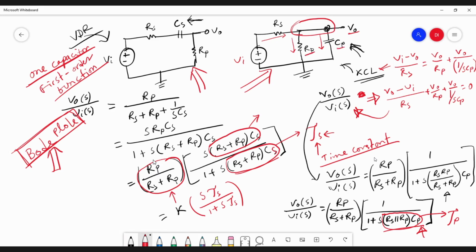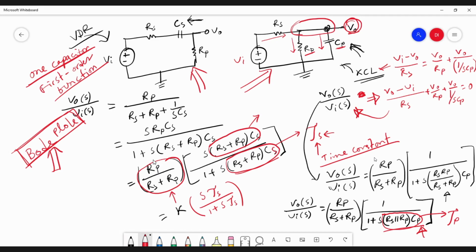V0 is the voltage across these two, a parallel voltage. From this idea, we can say V0 equals VRP by RP plus RS times Vi.